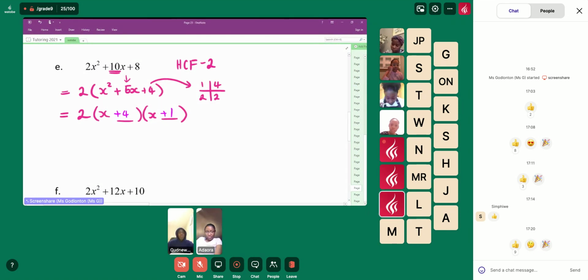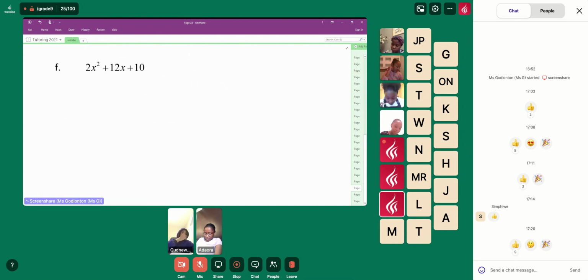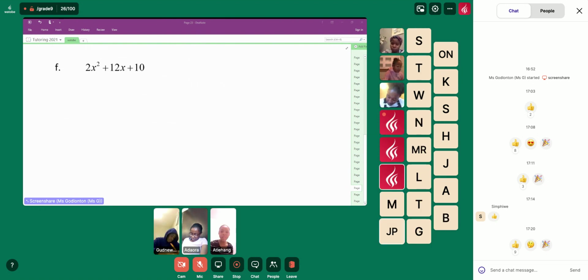So let's have a look at F. Do I have a volunteer for F? Can I do it? Yes, ma'am. Yay! Okay, talk me through F. Ma'am, it's going to be 2 x squared plus 6x plus 5.